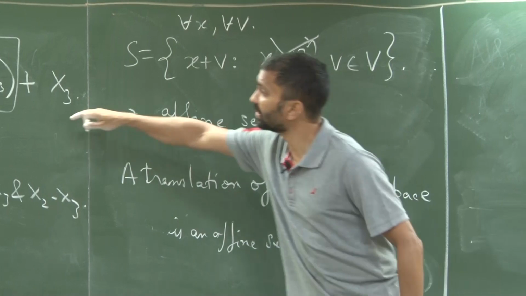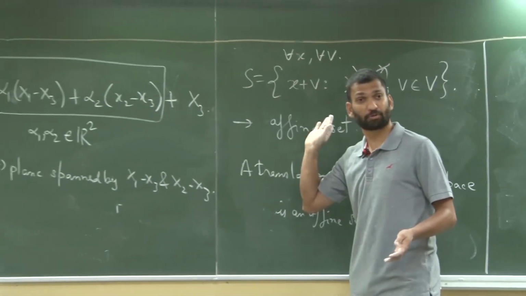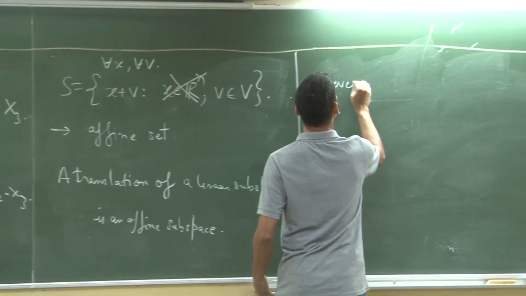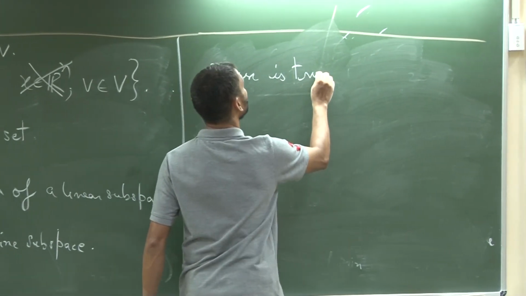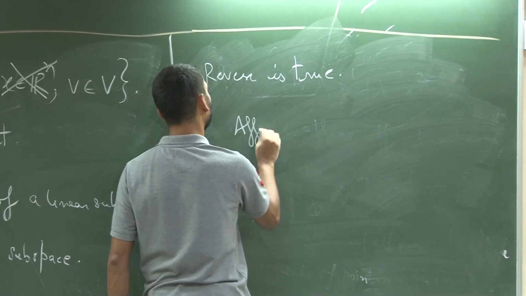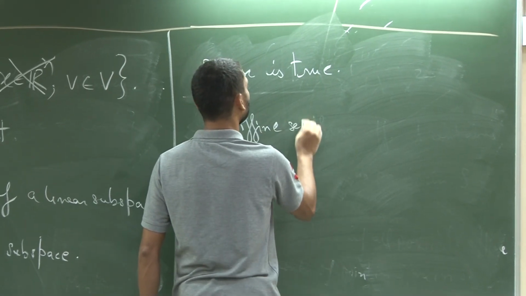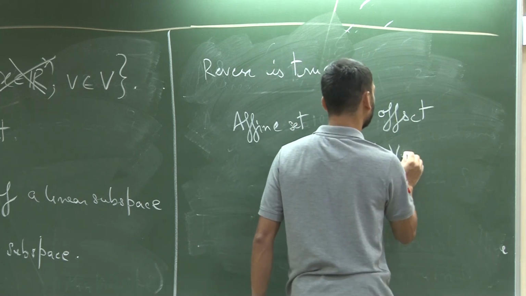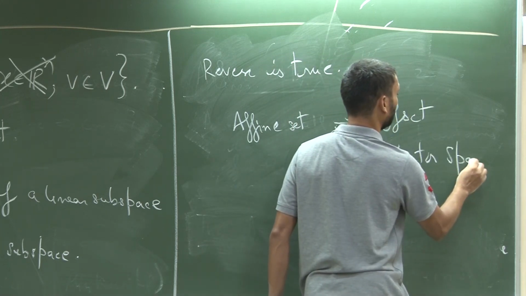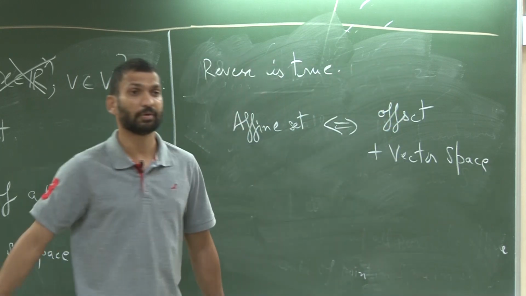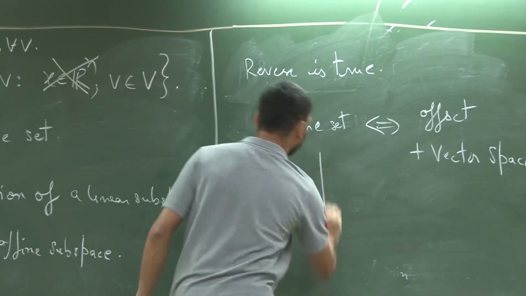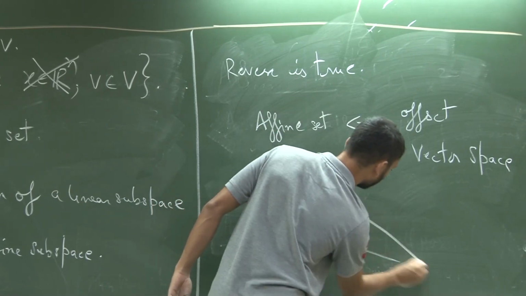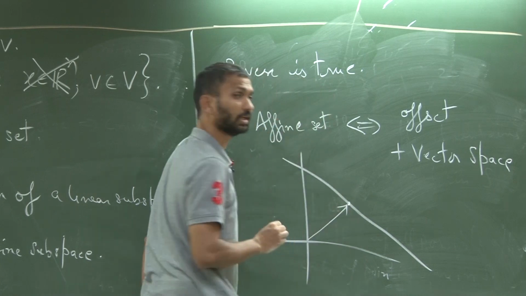And since I can do this trick for any number of points, it is going to turn out that even the reverse is true. So what is an affine set? It is an offset plus a vector space. In my favorite two dimensions, it looks like this.